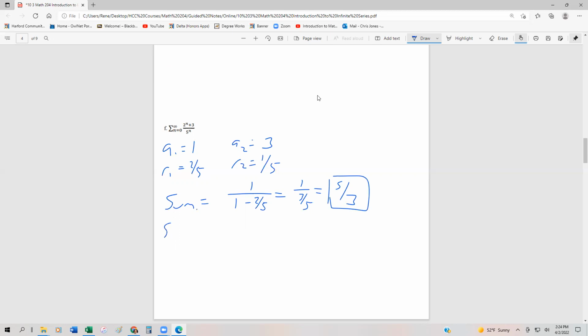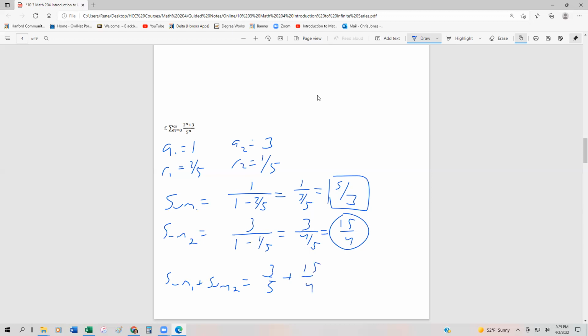Now for sum 2, that's going to be 3 over 1 minus 1/5, which is the same as 3 over 4/5, or 15/4. And then finally, we're just going to add those together. Sum 1 plus sum 2 is going to be equal to 5/3 plus 15/4.